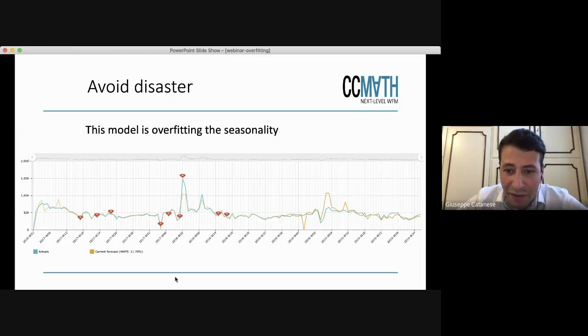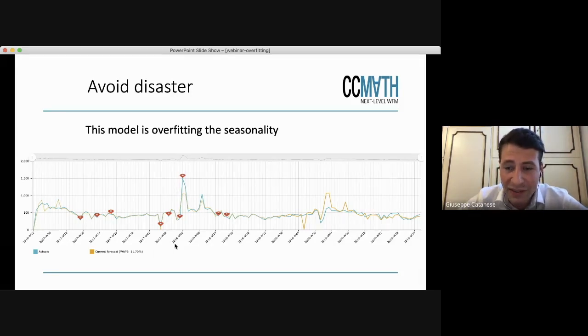If we look at the second part, the forecast, this was divided between training set and test set. At the left, we see the fit, and on the right, we see our forecast.